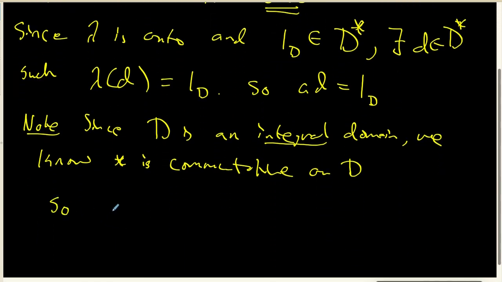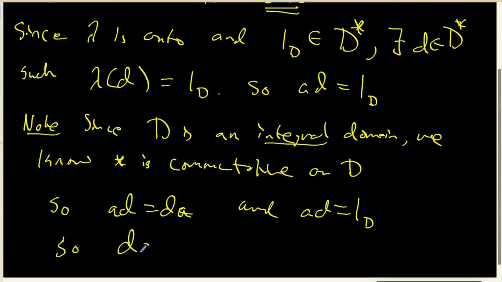That says AD and DA are both the same thing. And of course, AD, we just got done, that's actually equal to 1. So that says DA is equal to 1, and that means A inverse is indeed this D guy. And since A was chosen to be arbitrary, everybody inside the set D star actually has a multiplicative inverse.